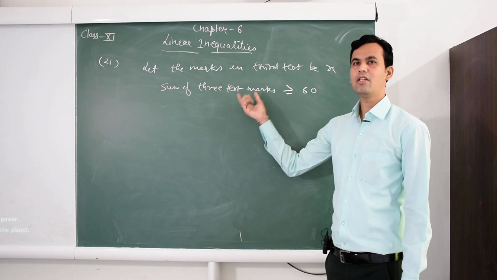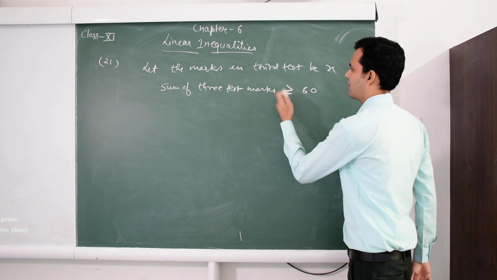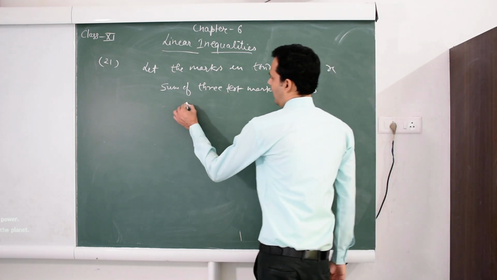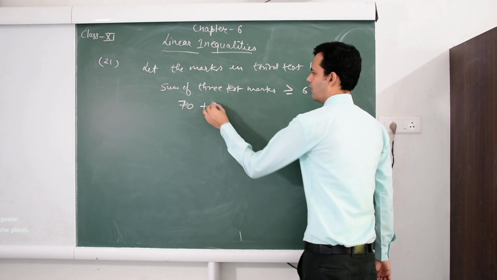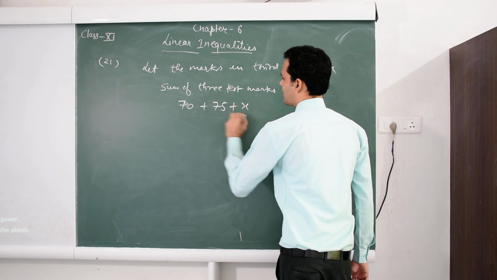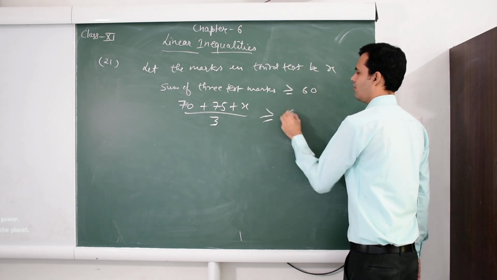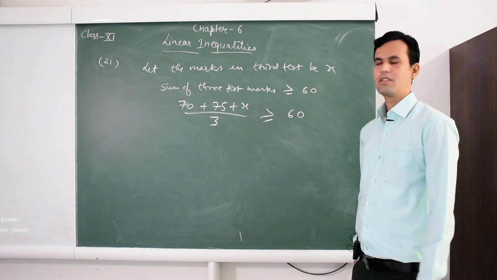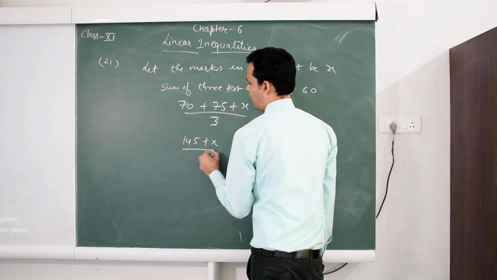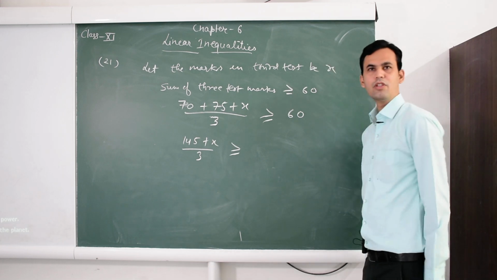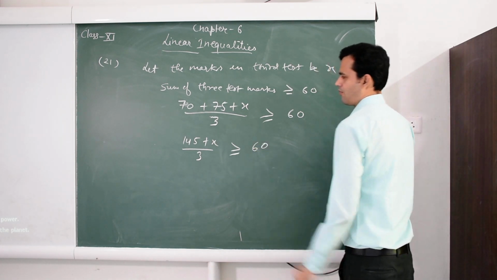So at least 60 or more than 60. So we take greater than or equal to 60. Average means for the first test 70, for the second test 75, plus x, by 3, greater than or equal to 60. 70 plus 75, 145 plus x upon 3 greater than or equal to 60.